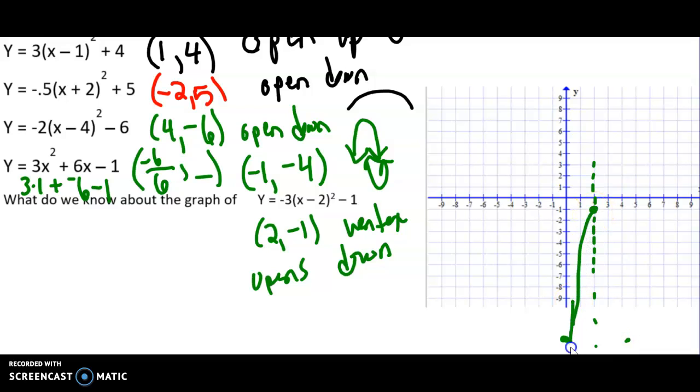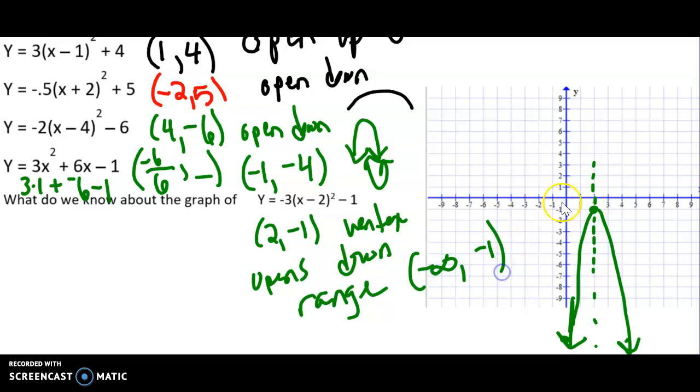So I can draw a nice little sketch of what this graph looks like. Looking at it then, I know the range, the y values are going to be -infinity up to -1.